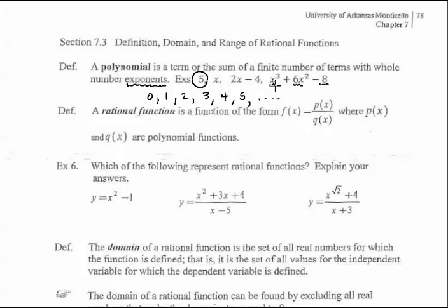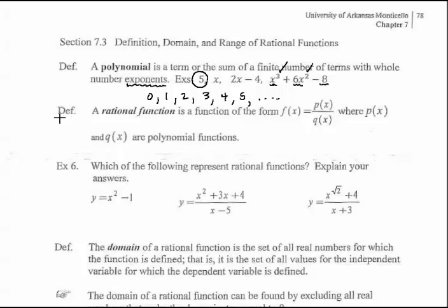We've got letters and numbers mixed in. But one thing that you want to check, even if you have variables and numbers and a certain number of terms, is the exponents of the variables. 3 and 2 are whole numbers. So this is a polynomial. Likewise, x and 2x minus 4 are polynomials as well.